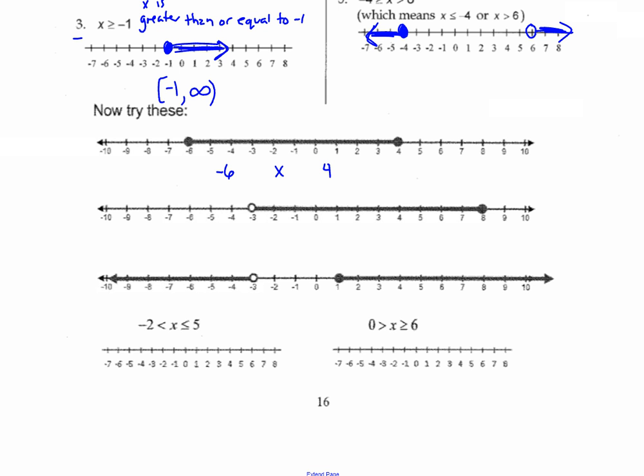Cover up this one, fill in the inequality for 4. So x in the middle, smaller number on the left, larger on the right. Try all of them.